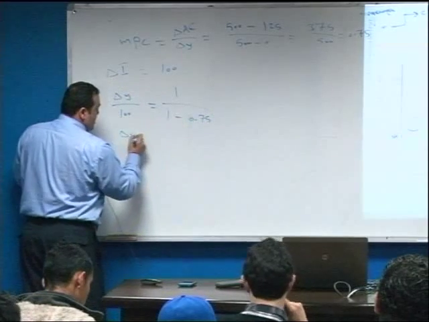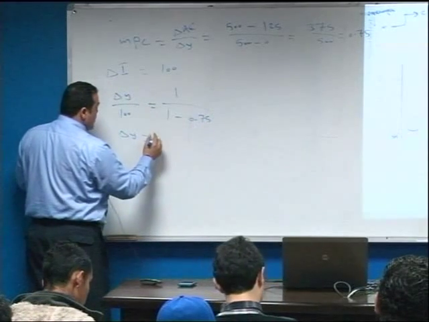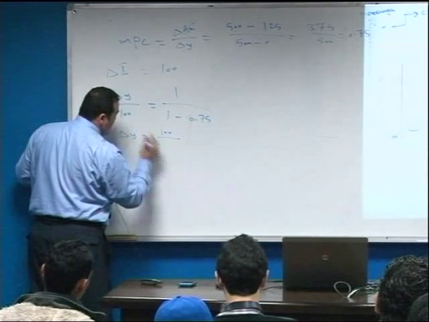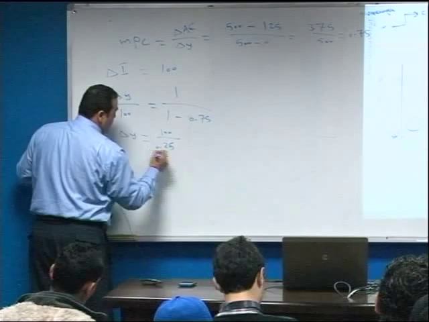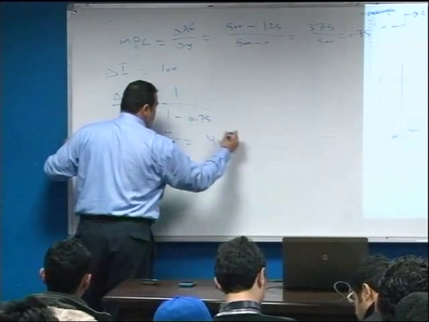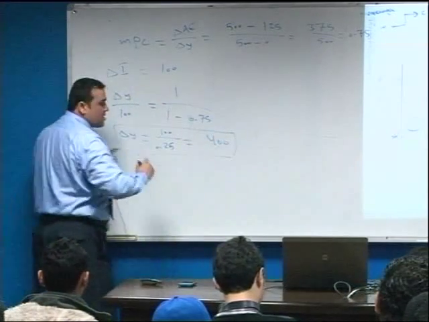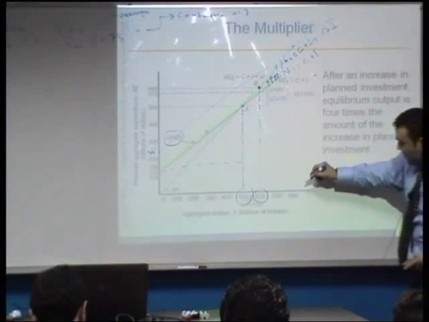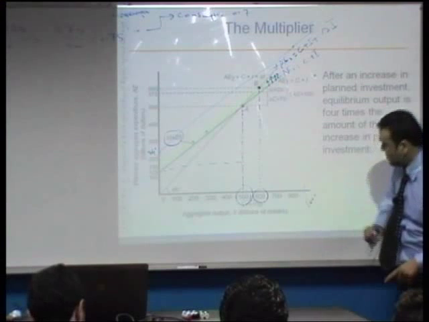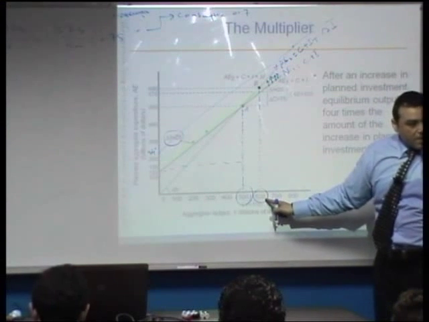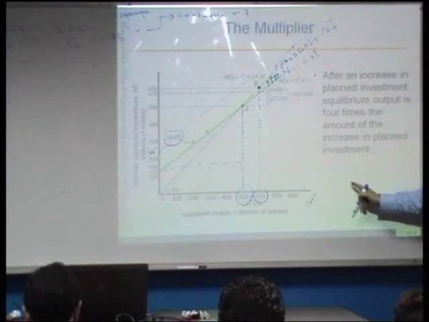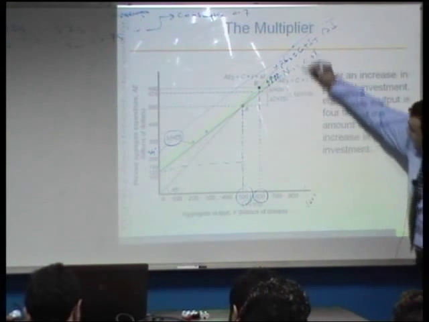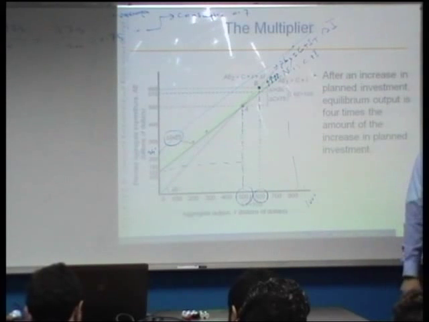So delta Y equals 100 over 0.25, which equals 400. So we have an additional increase in Y by 400. How much does it become? It will go to 1000, because from 600 we add 400, we reach 1000. So this is the new equilibrium.